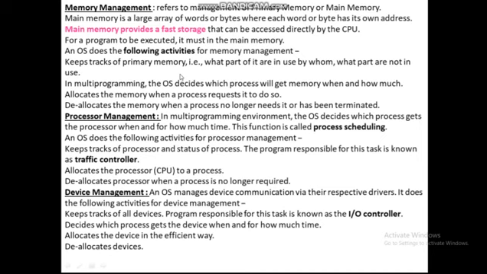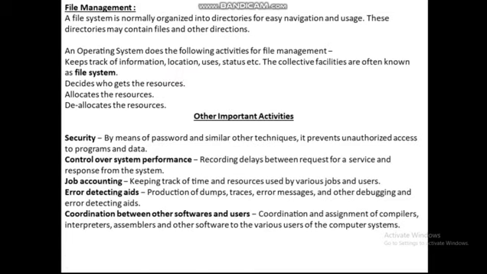Then coming to processor management, the operating system should decide which process should be given priority and for what time. That is like a traffic controller. Coming to device management, it should allocate and deallocate devices in a very efficient manner.